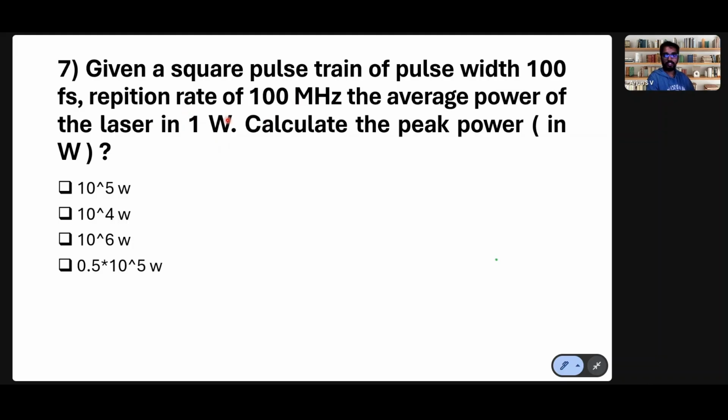Then, having the total power, you take the pulse width, and if you divide by the pulse width, you will find the peak power. If we do all that, we'll get the answer as 100 kilowatts, or 10 to the power 5 watts.